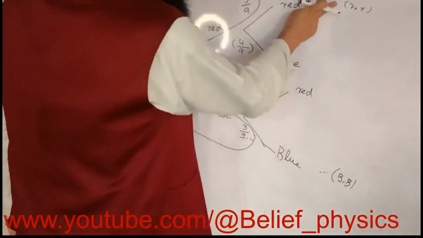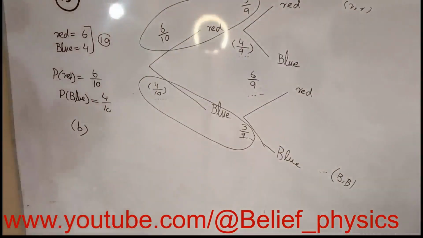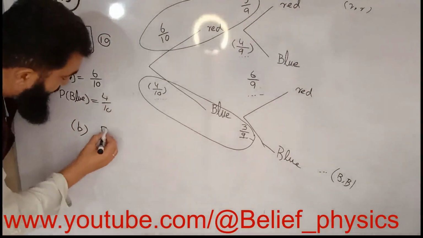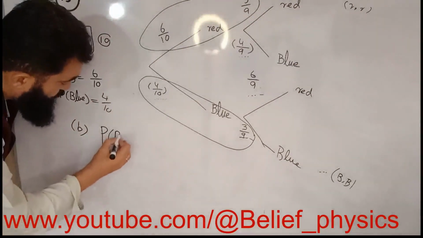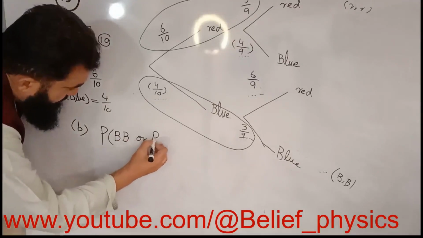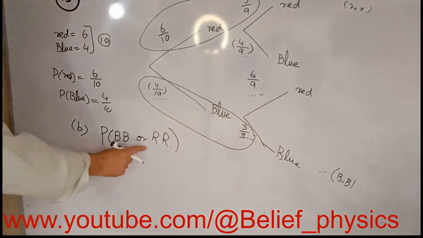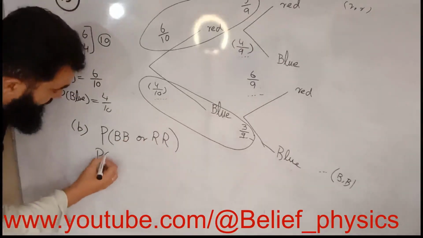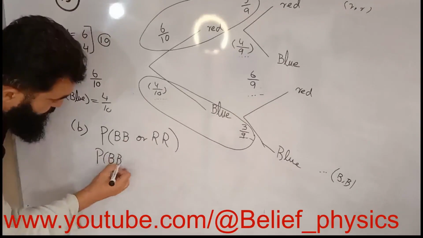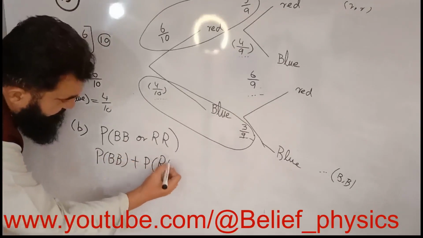We have to find the probability of this or this. When there is an or, we have to add the probabilities. We have to find the probability of blue or red. When this is or, we write the probability of blue plus probability of red.